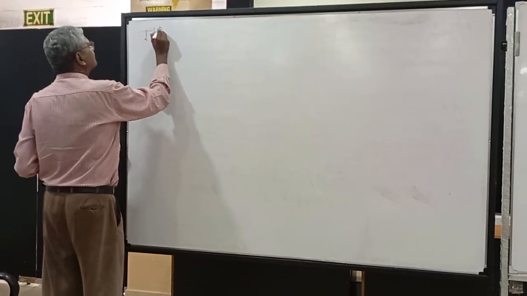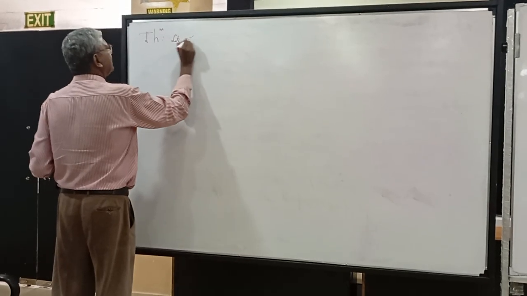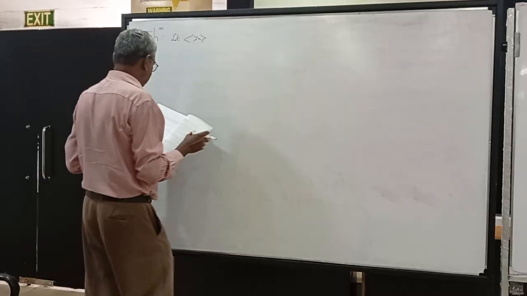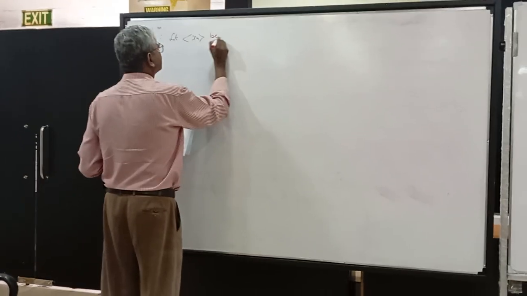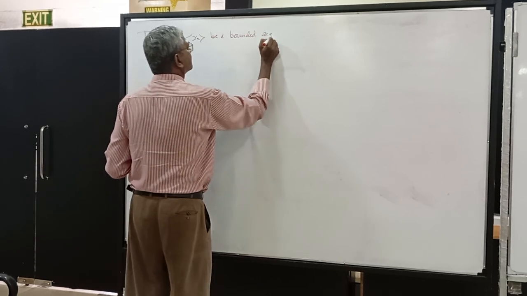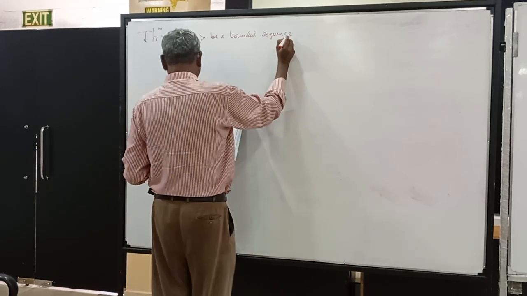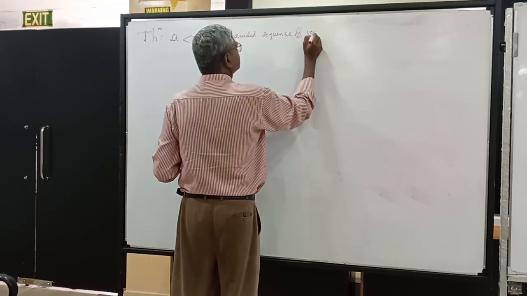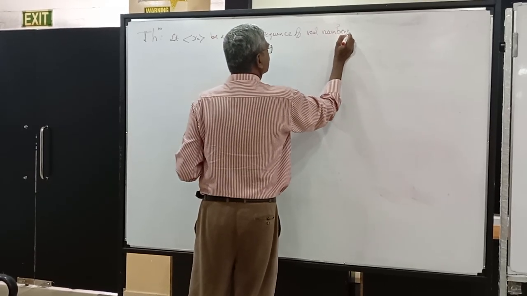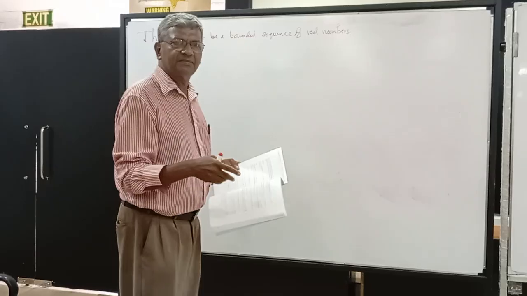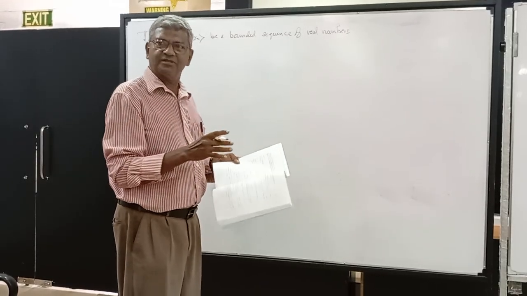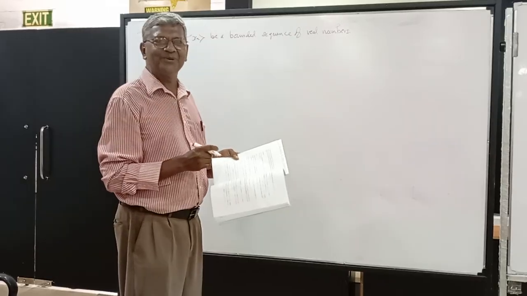Let's say theorem. Let me write this way, my way to save time. Let Xn be a bounded sequence of real numbers. When I proved this result, these proofs are my proofs. It was a big thrill that I could prove it.